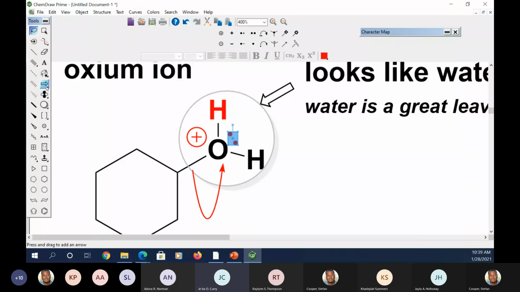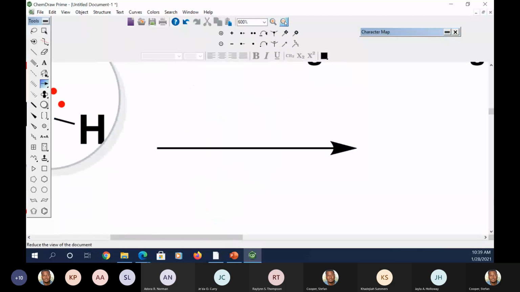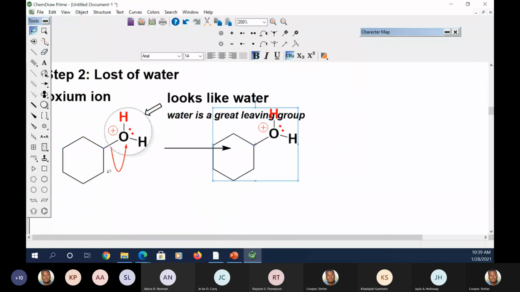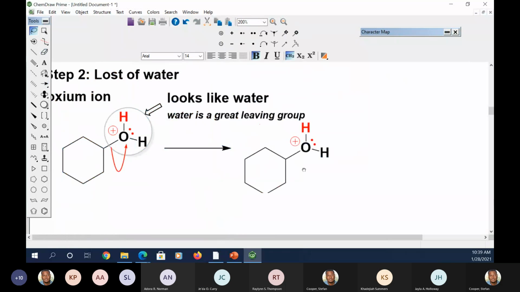So I'm going to draw that product out to confirm to the person reading my mechanism that water has left. I'm going to draw my carbon species without the oxygen now. That bond is no longer present.